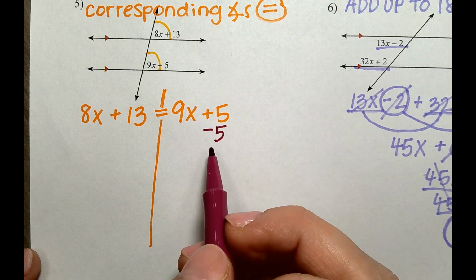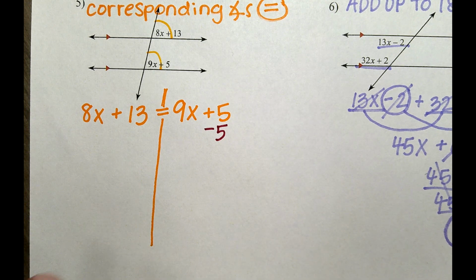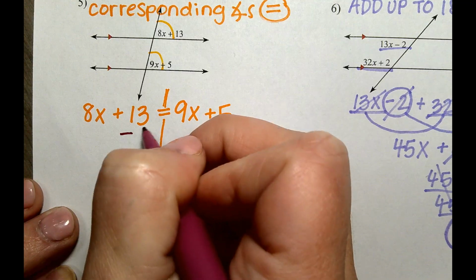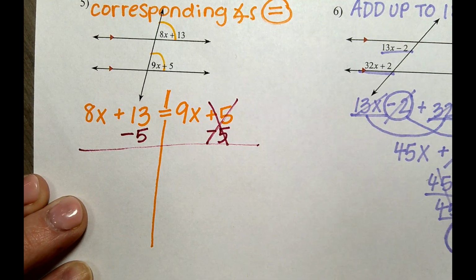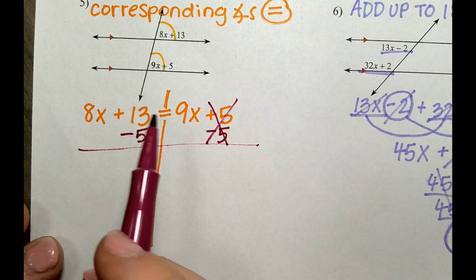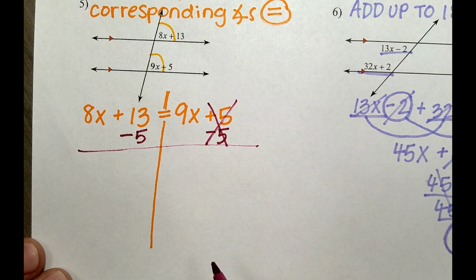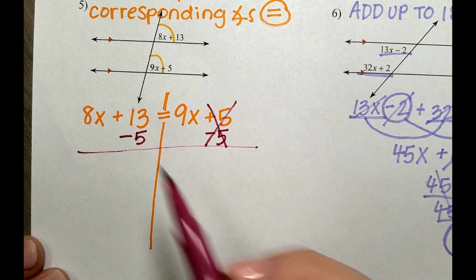If I do it to one side, where else do I subtract 5? On the other side, under 13. Good. The 5s will cancel. Now, what's 13 minus 5? 8.